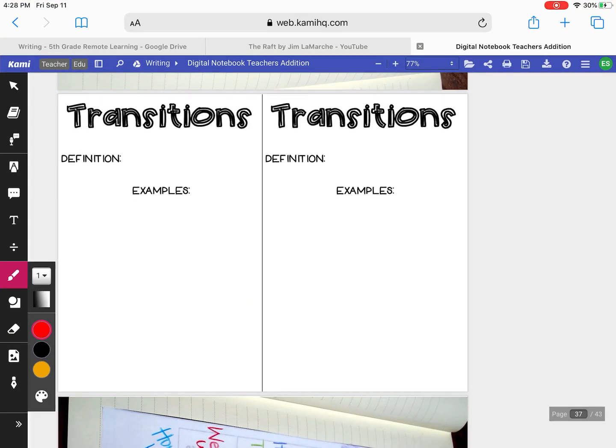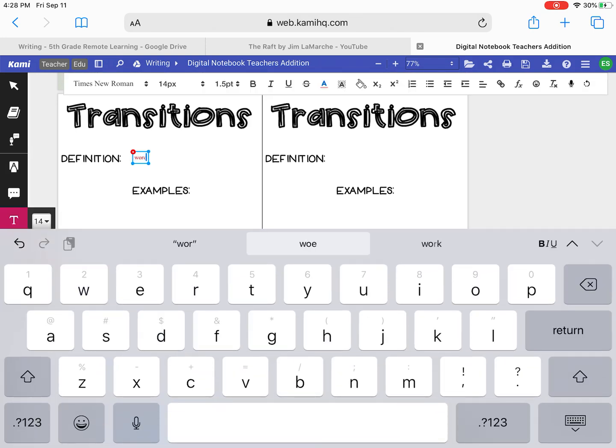Okay, in your digital notebook, I want you to go down to the transitions and we are going to define it. So a transition is, we're going to type, words and phrases used by writers to show that time is passing.